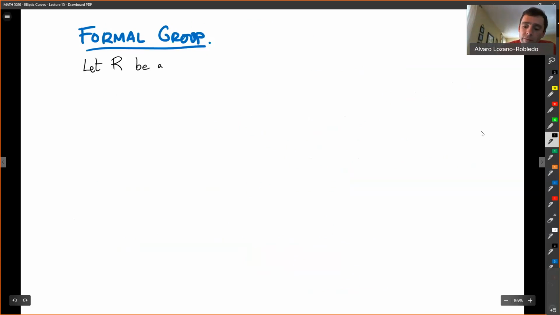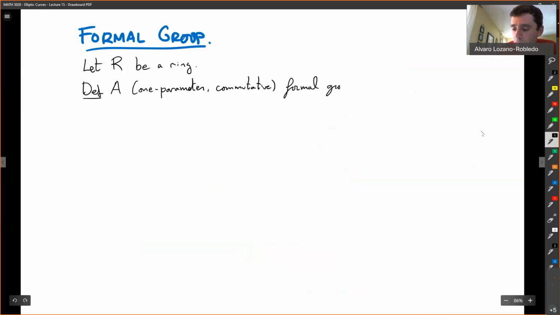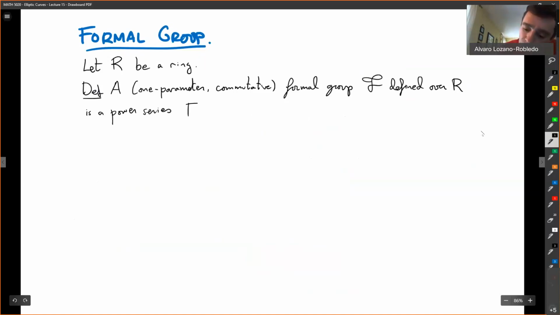Let R be a ring, then a one parameter commutative formal group F, calligraphic F, defined over R is a power series capital F(X, Y) in the power series ring with coefficients in R in two variables, satisfying the following properties.